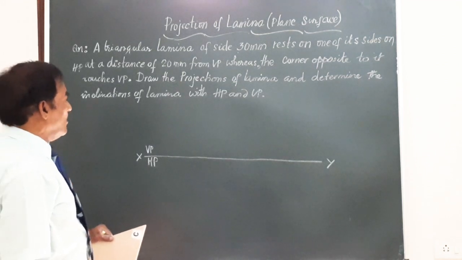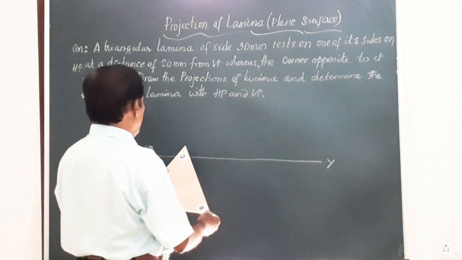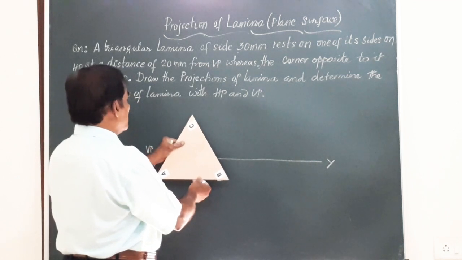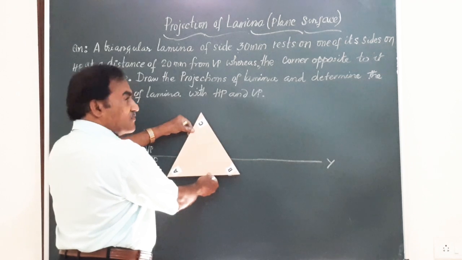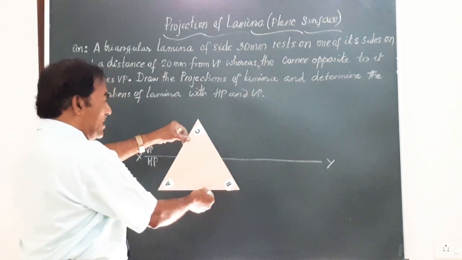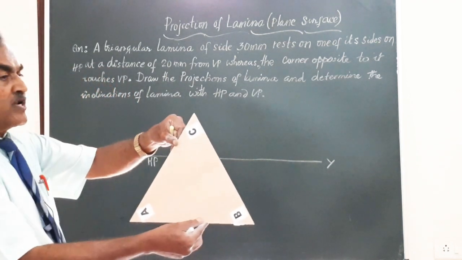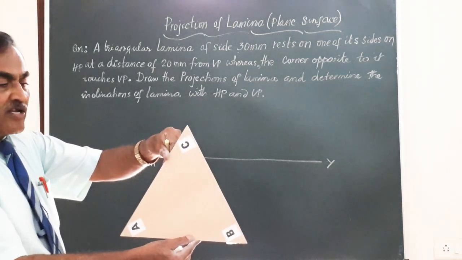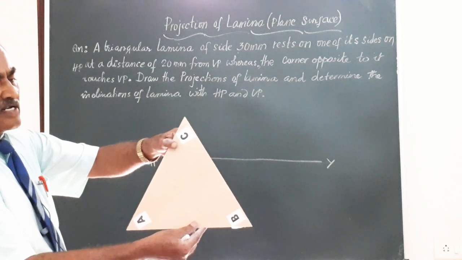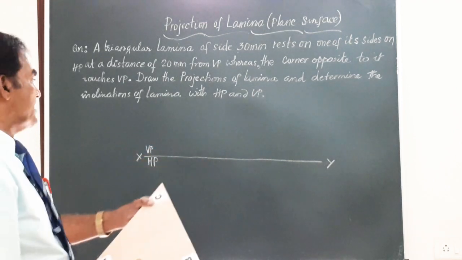Now I am going to place this lamina parallel to this at a distance of 20 millimeter. Whether you place it at a distance of 20 mm, 200, 2000, 2 lakh units from VP, the front view is going to be a regular triangle with sides measuring 30 mm.